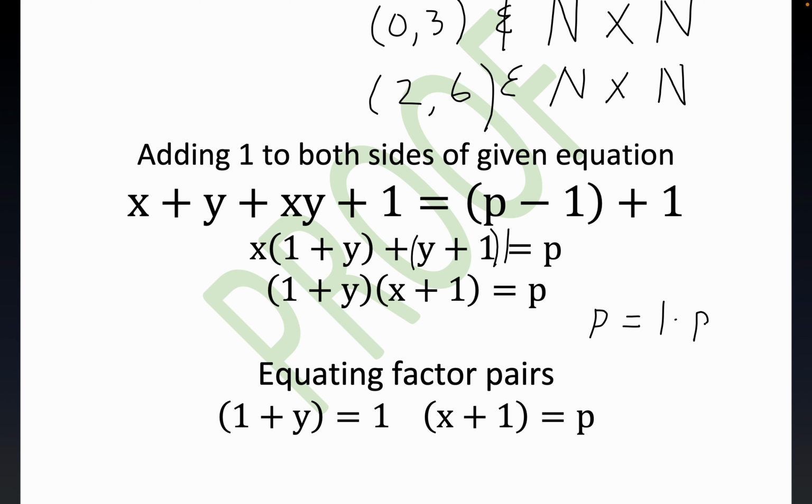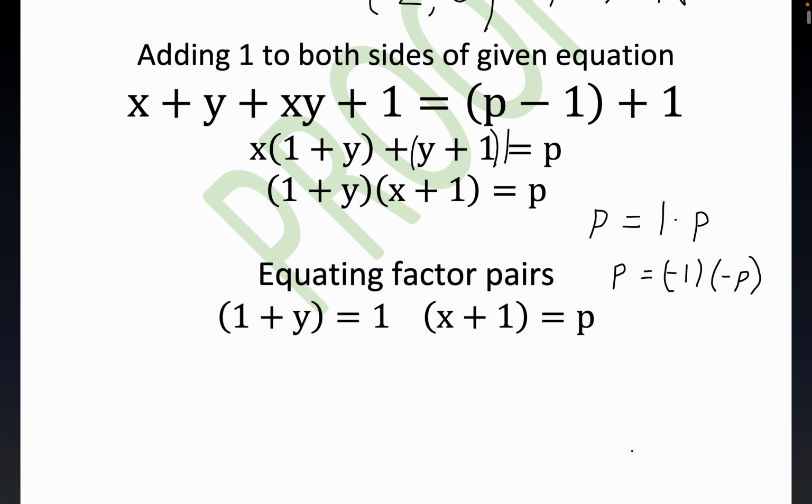Now also, and we'll see this won't yield the type of solutions we're looking for, p is also equal to minus 1 times minus p. I'm not going to work that case out completely because it's obvious that this case will yield negative solutions, solutions that are not in N cross N, okay?